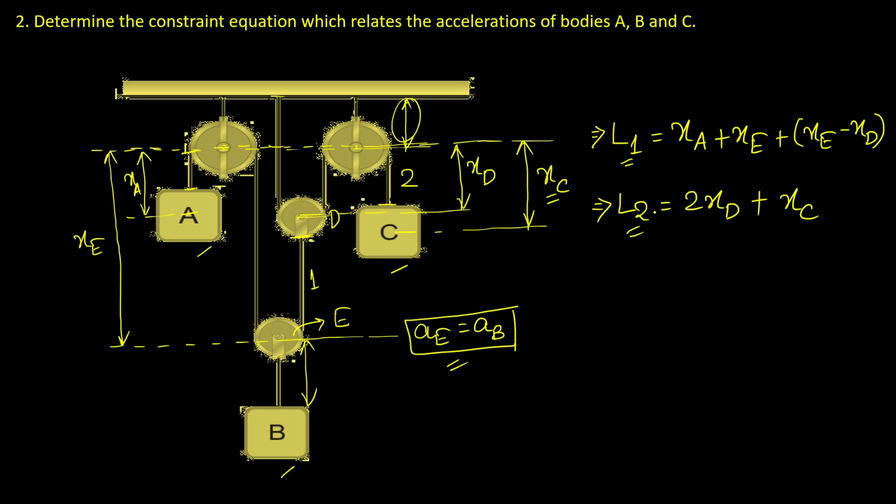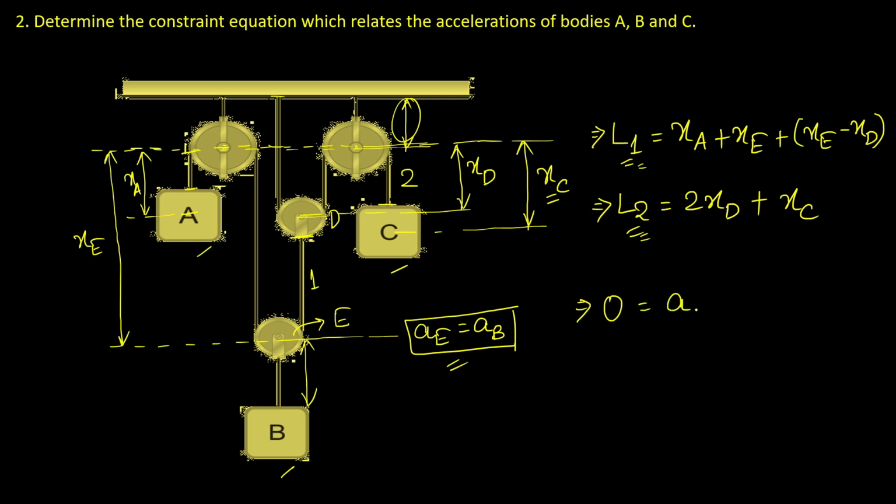So these are basically the lengths of string 1 and string 2, which you need for determining the constraint equation, which relates the accelerations of bodies A, B and C. How? After differentiating the lengths of string 1 and string 2 twice. And that will be equal to 0. Why? Because length 1 and length 2 are never going to change. The lengths of the string are always constant, and that is the basis for these types of questions. So let me differentiate this length 1 two times, then it will be 0 over here.